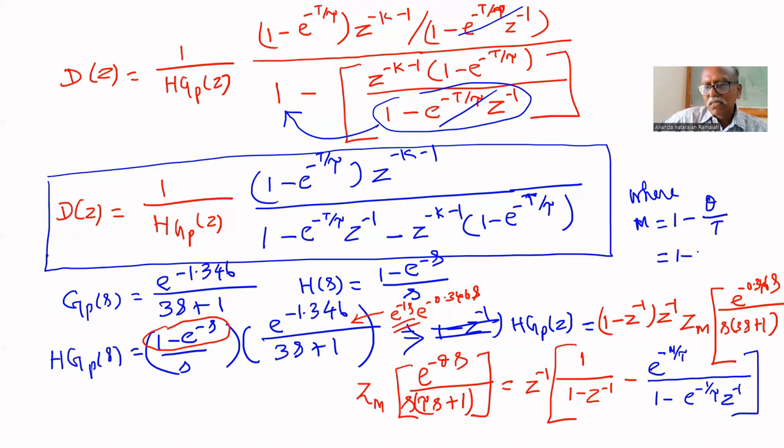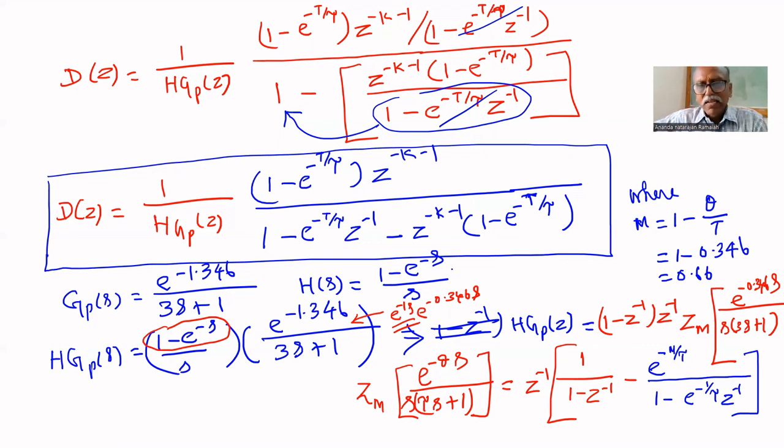Therefore, in this case T equal to 1, 1 minus 0.346 is equal to 0.66. So 0.66 is the m.